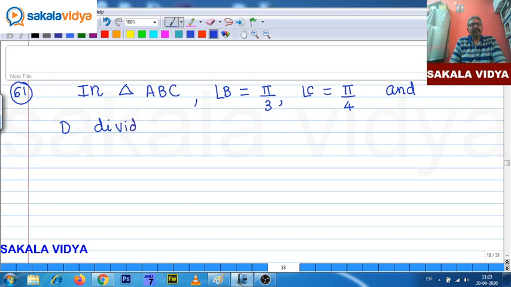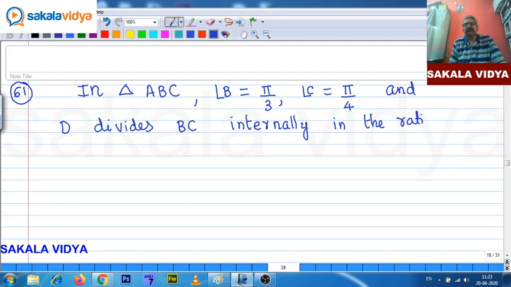D divides BC internally in the ratio 1:3.